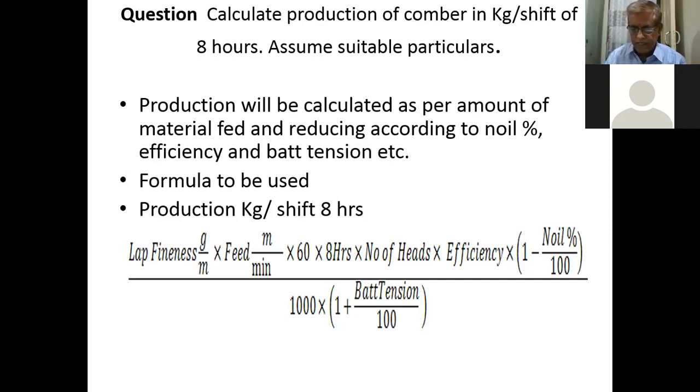And then efficiency. And then 1 minus noil percentage divided by 100, we will have to multiply with this factor. As this will come in grams, to convert it into kg, we will have to divide by 1000. And the correction factor for bed tension will be 1 plus bed tension upon 100. So with this method, we will calculate the Comber production per shift.